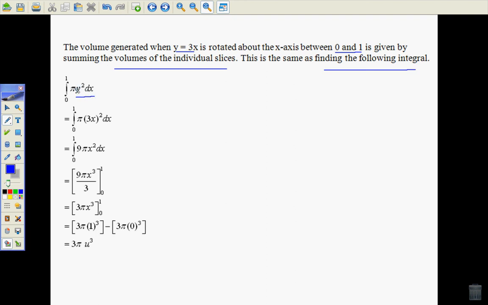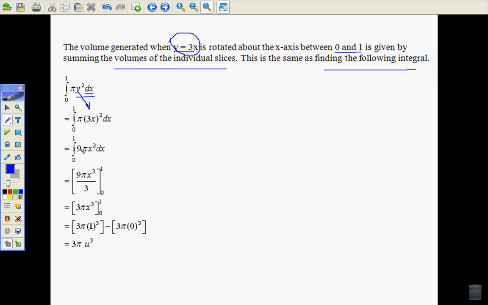So if we look at y squared, we need to change y into 3x. We know that y is equal to 3x because that's our function. So y needs to be put in terms of x. Otherwise, we're going to have troubles because we can't integrate with respect to y. Remember, we're told what we need to integrate with respect to, and we have to change our function, and that's the trick there.